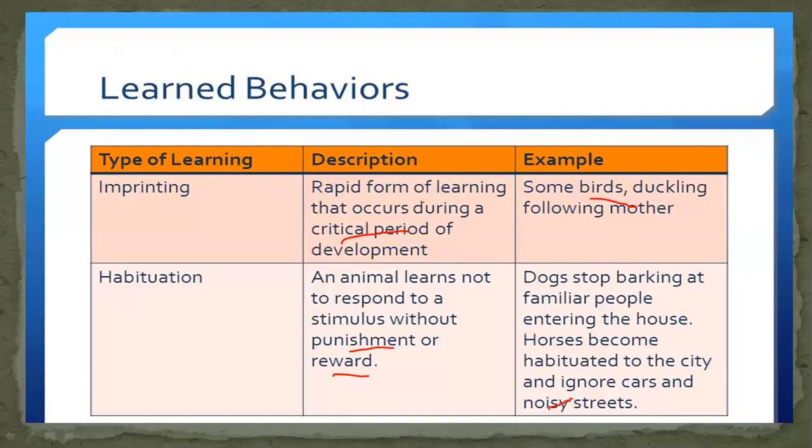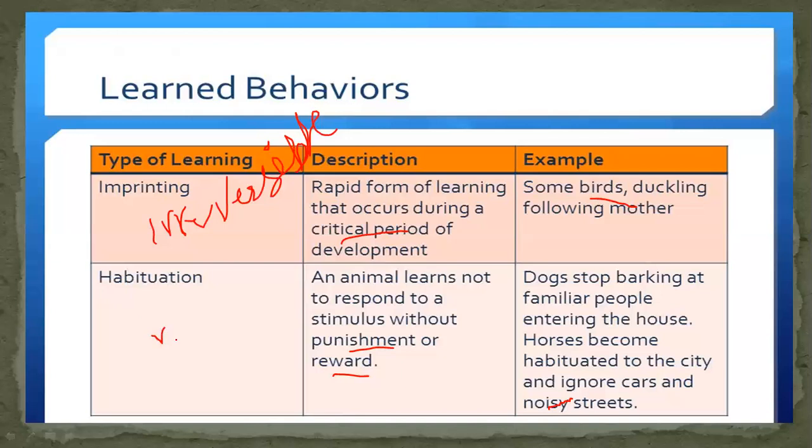Imprinting is irreversible. Because it happens through the critical period, once the critical period has passed, that behavior lasts throughout life.